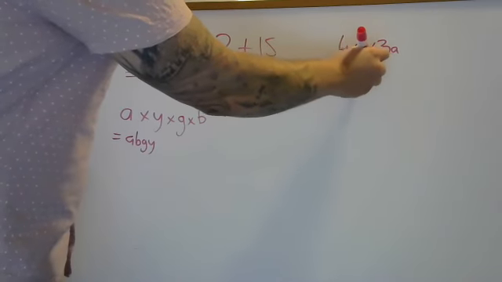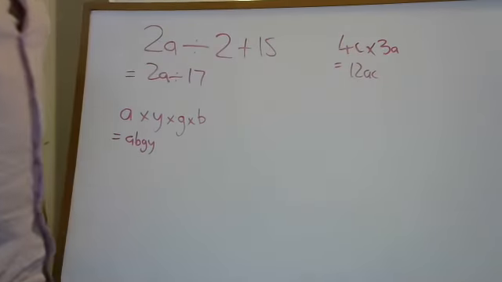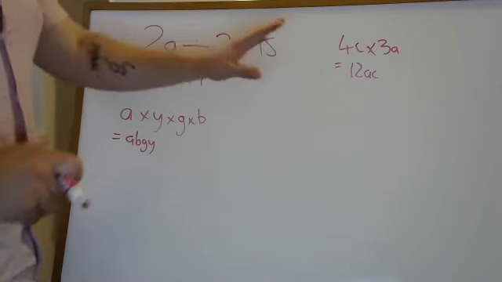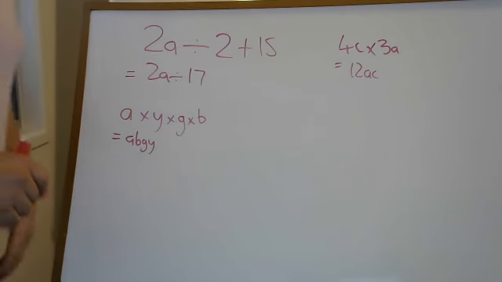Very good. So we multiply the numbers, then we add the pronumerals on. They don't have to be like terms with multiplications.